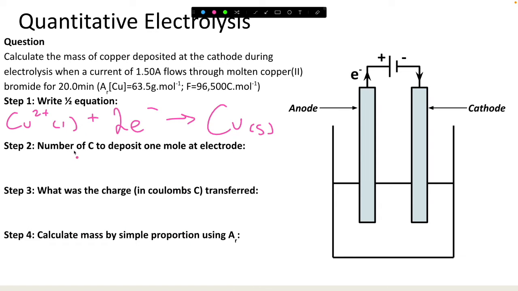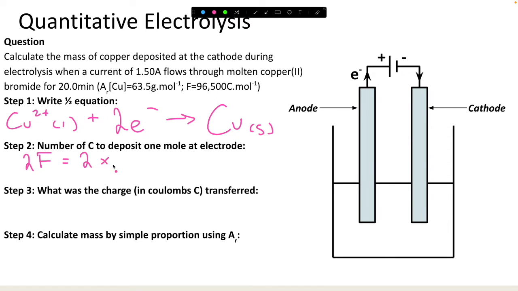Then we've got to look at the number of coulombs to deposit 1 mole at the electrode. Well, let's have a look at how many electrons we have. We have 2 electrons. So to deposit 1 mole, we would need 2 Faradays.